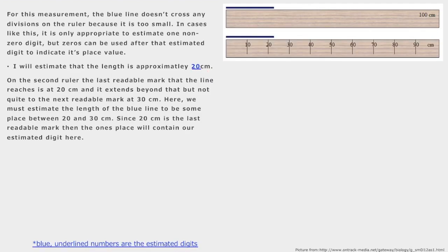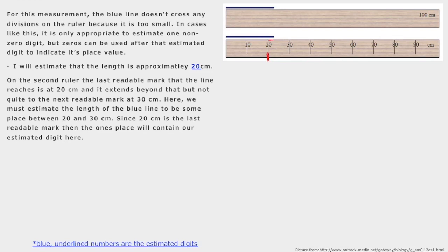All right, so on this second ruler, it's still 100 centimeters long, but notice now that I have divisions every 10 centimeters. And I can definitely see that the last readable mark is this 20 centimeter line. It's the last division that my blue line up here crosses. And so I can see that it extends on beyond that a little bit.